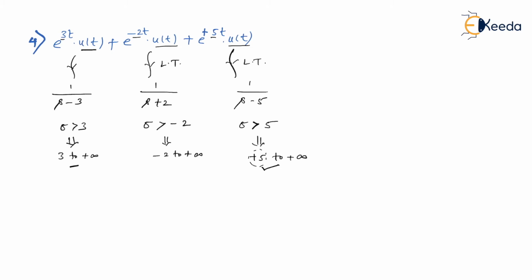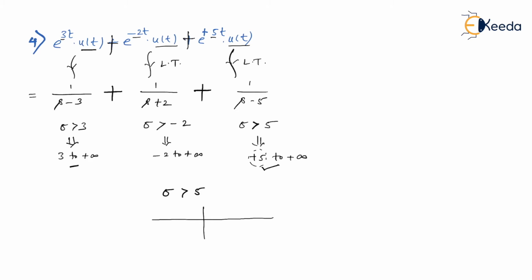ROC should never ever include a pole. Since in these three individual signals we have a positive sign, even after taking the Laplace transform you get the same relation. Then this is your final F of s, and the common ROC is sigma greater than 5.